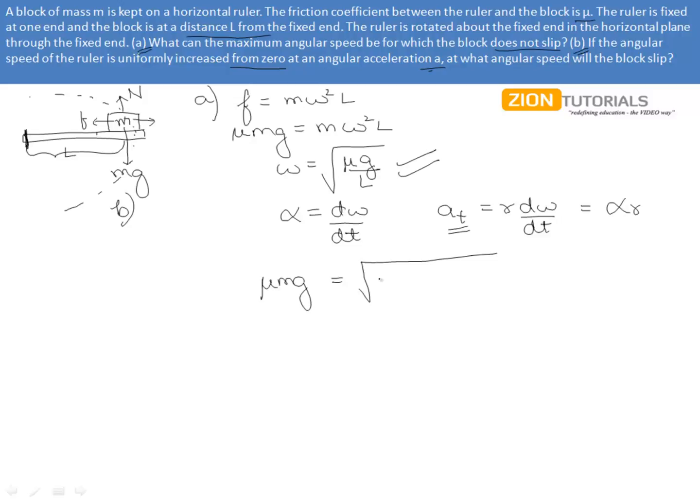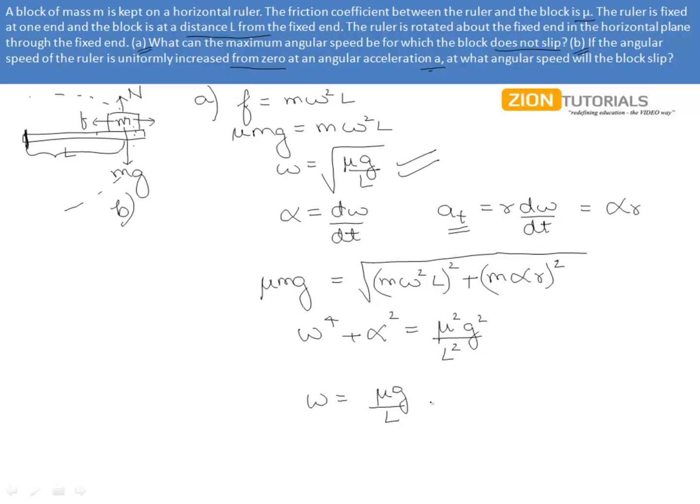The radial being (m omega square L) whole square plus the tangential one, which is (m alpha r) whole square, giving us omega to the power 4 plus alpha square equals mu square g square over L square. Further solving, we get omega equals (mu g by L) whole square minus alpha square, whole to the power 1 by 4.